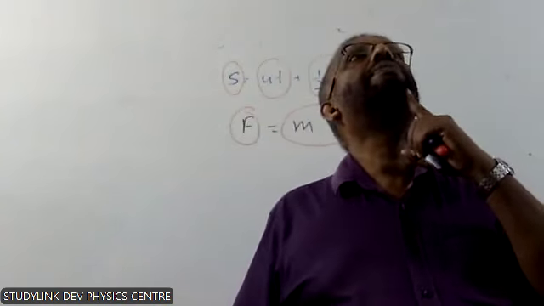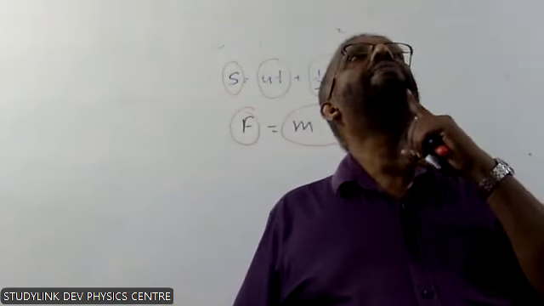Now I'll come to the next one. Complete it. Then I'll come to the next one. Next equation. S is equal to ut plus half a t square, which I wrote earlier.